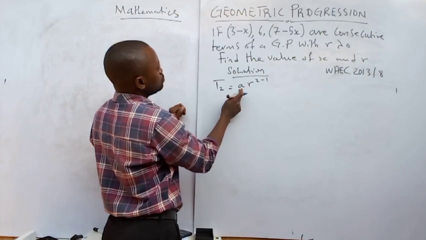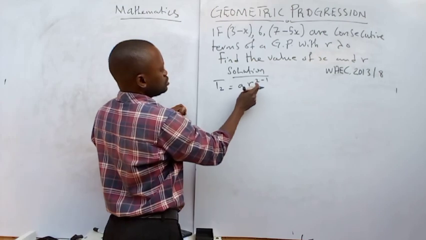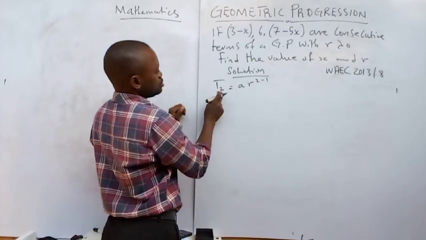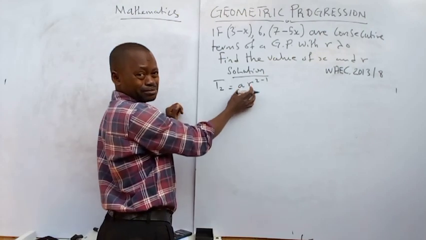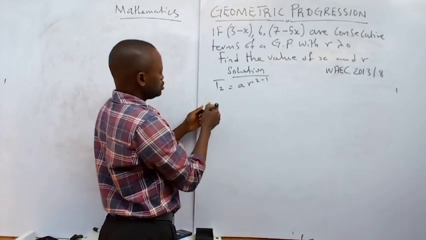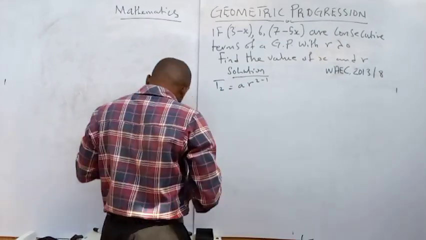The first term is unknown, and the second term is 6. So invariably we are looking for two things at a time. It's a serious challenge.